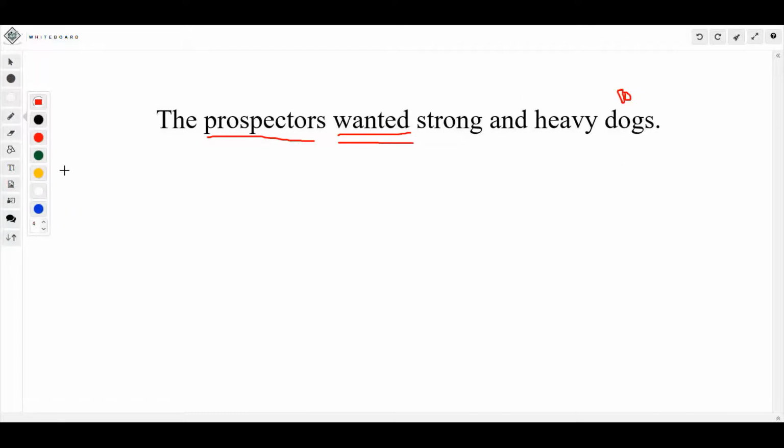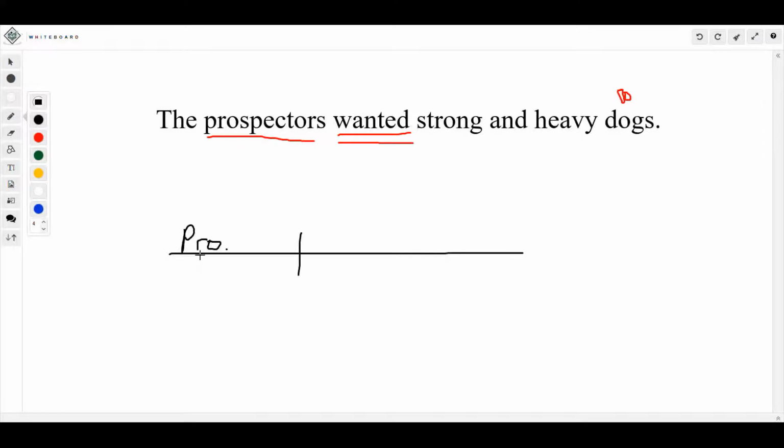All right. So let's see if we can label it. You might want to pause it and see if you can do it yourself. All right. So we have one subject. We have one verb. So this is an easy sentence. One line. Your subject goes here. I'm just going to put PRO. Prospectors goes here.